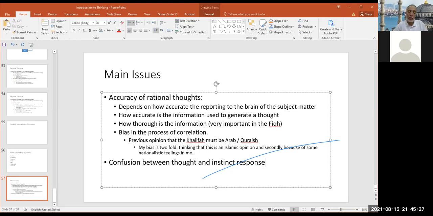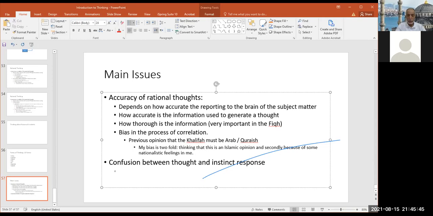Now, where does this confusion come from? Let's say I assume that I'm very careful in the rational process of thought. I don't want to be drifted.